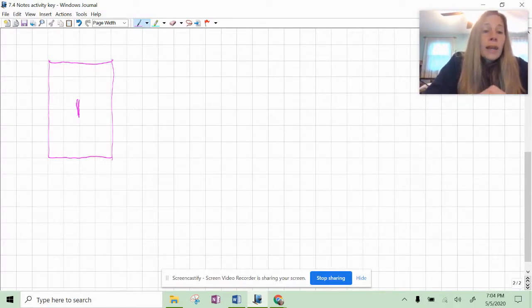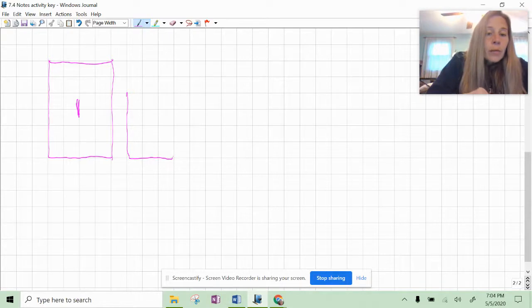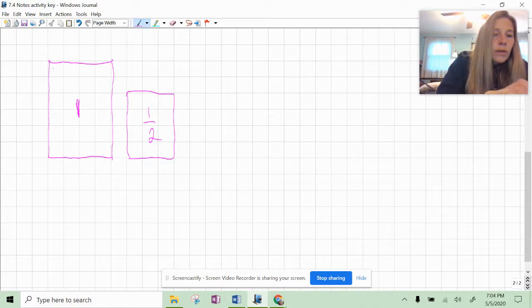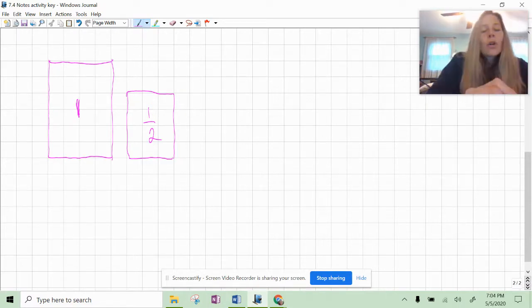Now, when I cut it in half, that would be a 4 by 3. So half of my paper, I'm cutting that in half. So now this is half of this paper, right?